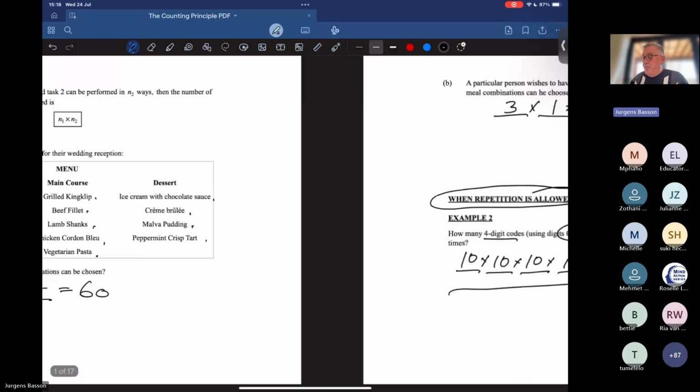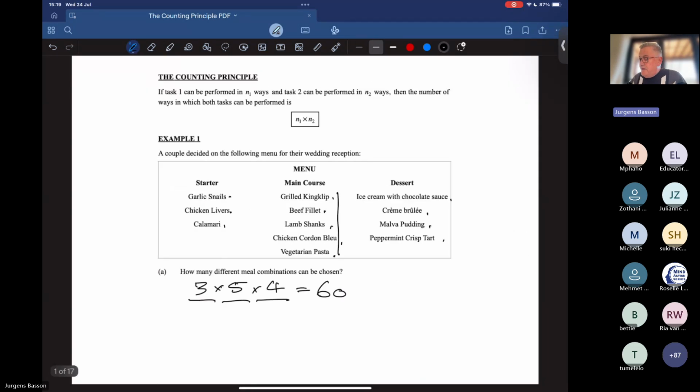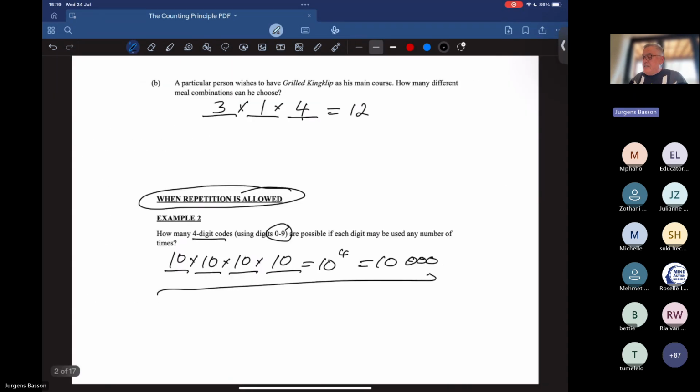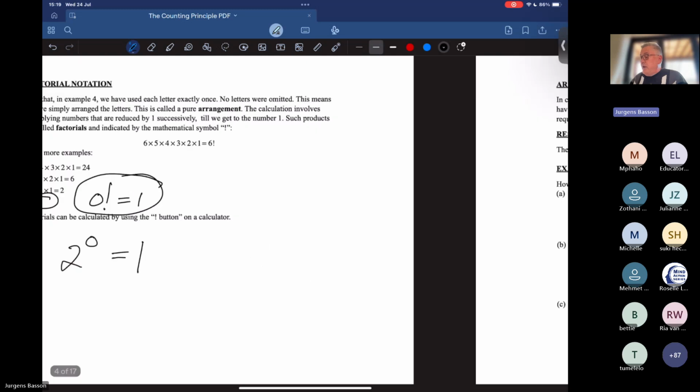But when we did the B part, that was when we say a particular person wishes to have grilled king clip as his main course. So this main course of 5 is now restricted to 1, to only king clip. Now that is what we refer to as a restriction on a position. Now that is what we're now going to look at.